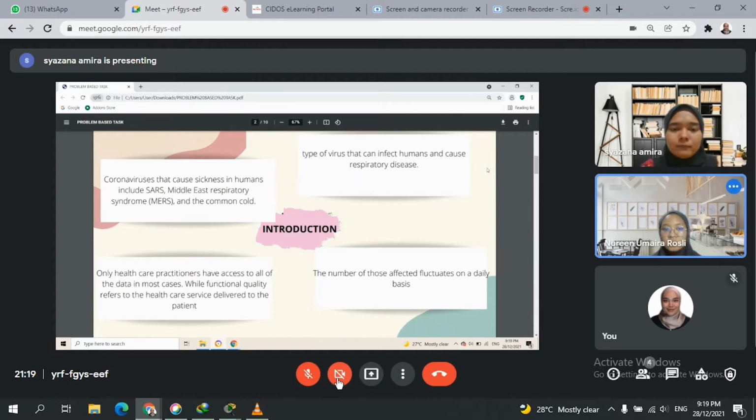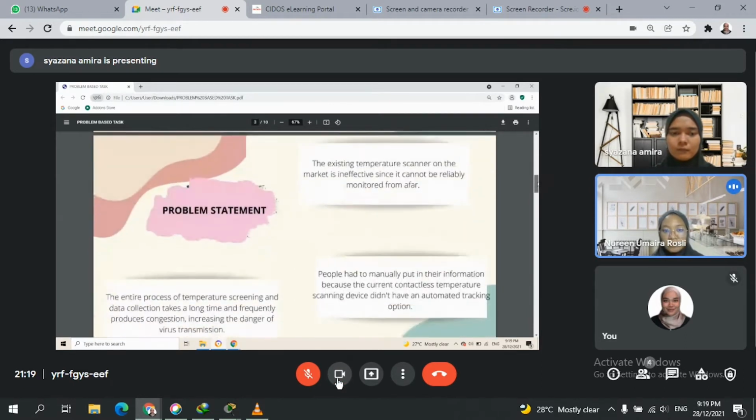Doctors must devote more time to monitoring their patients' health metrics, such as their body temperature. However, it is difficult for the doctor to keep track of all of the patients in the hospital. As a result, we are introduced to technical breakthroughs in order to simplify all of our tasks and save time.